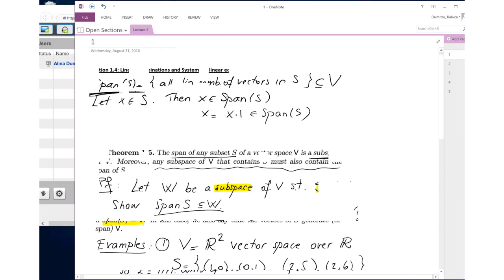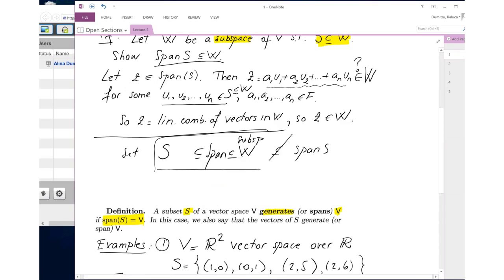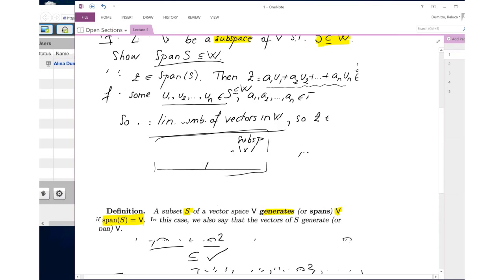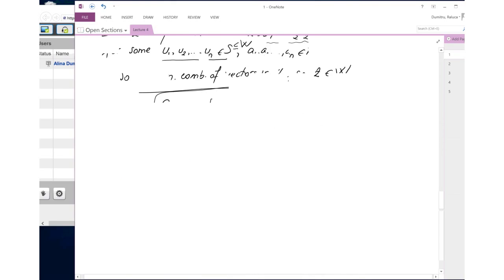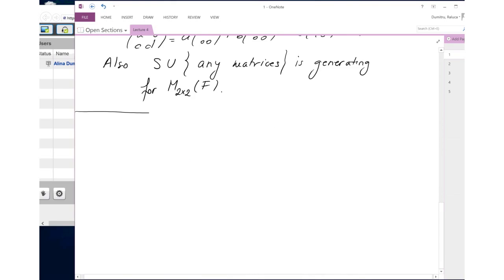Then we've seen this idea that there is nothing in between a set and its span, no other subspace. So now let me say note: a couple of other things that we're going to need about span.